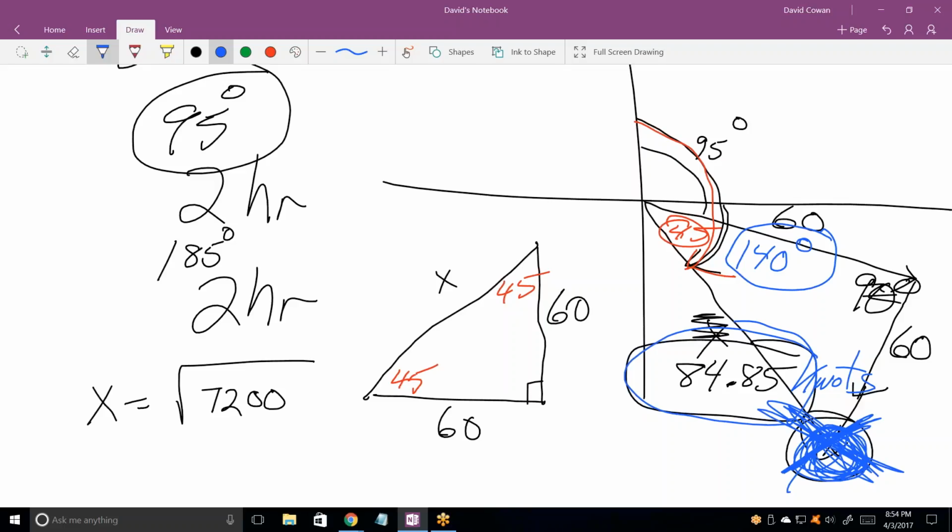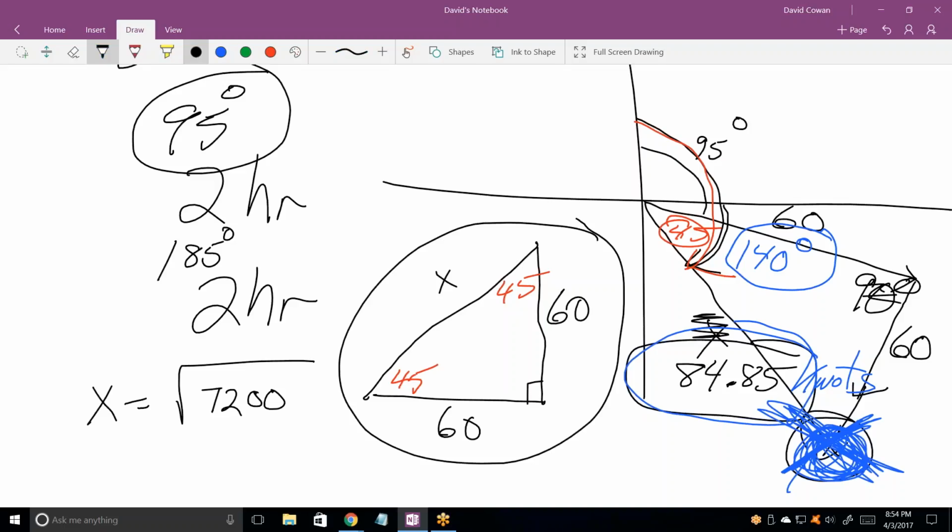But the secret to these problems is always to draw your picture properly. Because only when you draw your picture can you see, oh, I'm looking at a right isosceles triangle. And once you decide that it's a right isosceles triangle, then that becomes the picture.